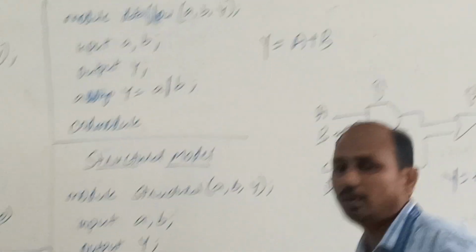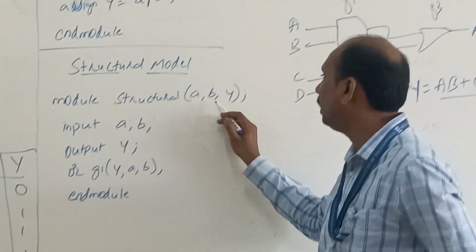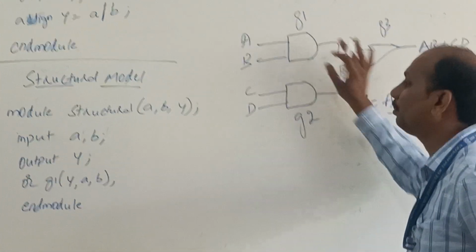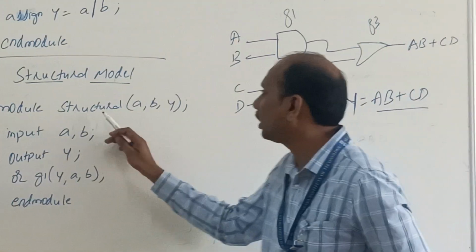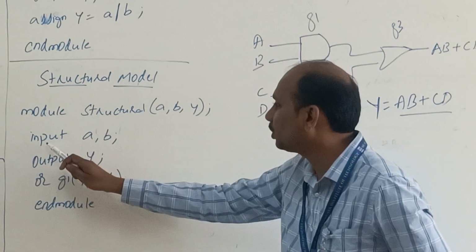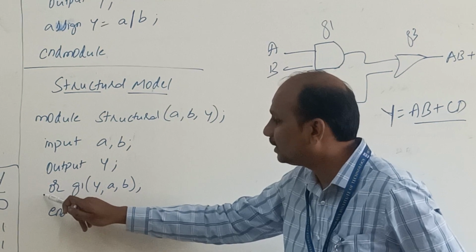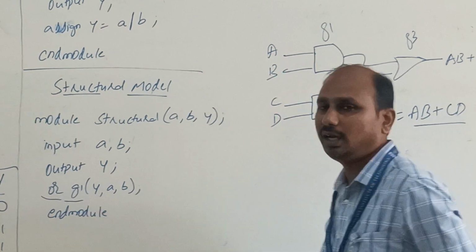Coming to the structural model. You can see module structural, A comma B comma Y. I told you I want to explain the structure of the program, which gates are involved. So module structural A, B, Y, where the inputs are A, B and the output is Y. I write what gate this is: it is an OR gate. The gate name is G1.